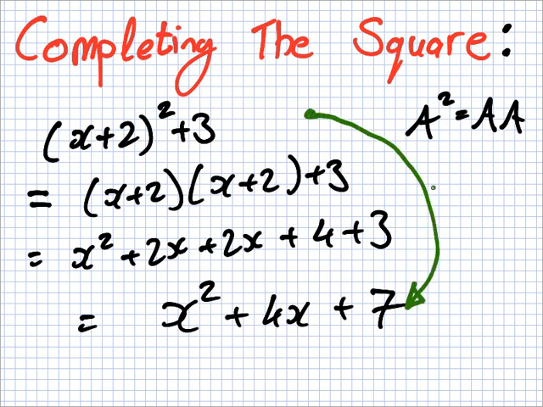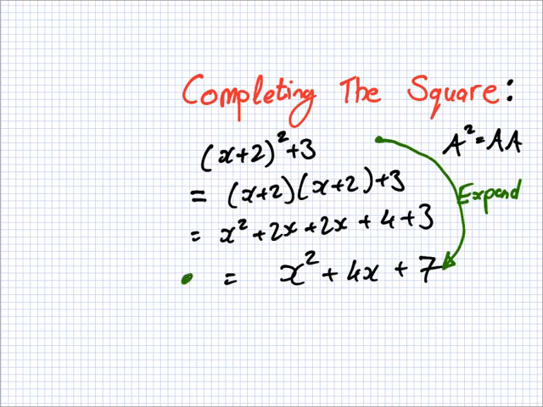Yeah, it's expand. So going from here back to here, that's called completing the square, which is the name of the lesson. And that's what we want to learn how to do.